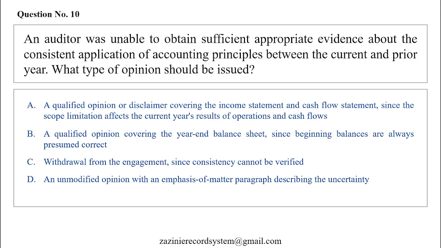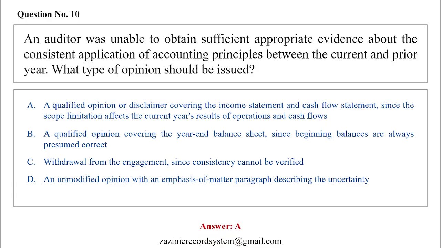Letter B. A qualified opinion covering the year-end balance sheet, since beginning balances are always presumed correct. Letter C. Withdrawal from the engagement, since consistency cannot be verified. Letter D. An unmodified opinion with an emphasis of matter paragraph describing the uncertainty. Correct answer is letter A.